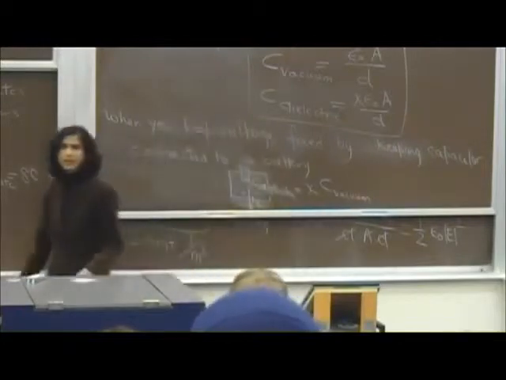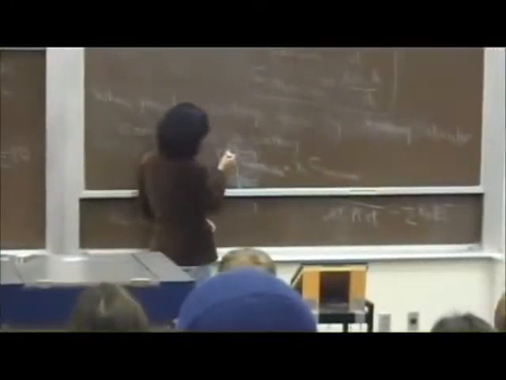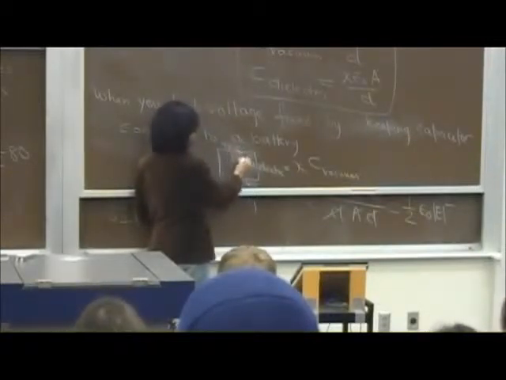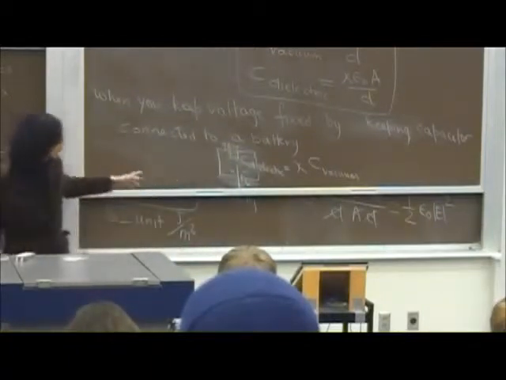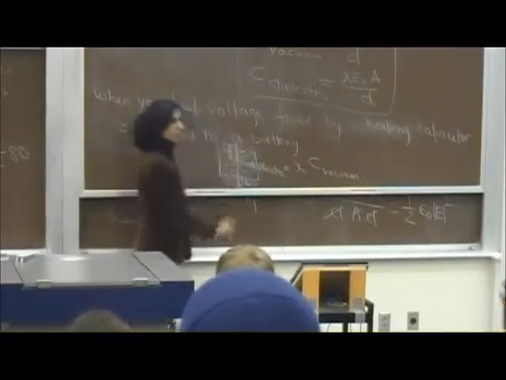Isn't it? What effect do you think that will have on the amount of charge that I had over here? So let's say that Q initially, this was plus Q here and this was minus Q here, and this was the charge that you had when you had vacuum, before you put the dielectric in. So this was the charge.